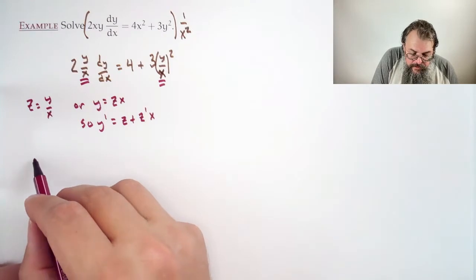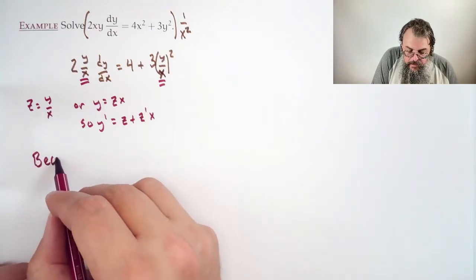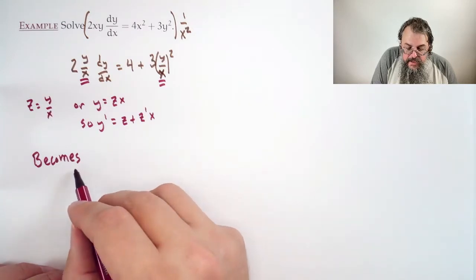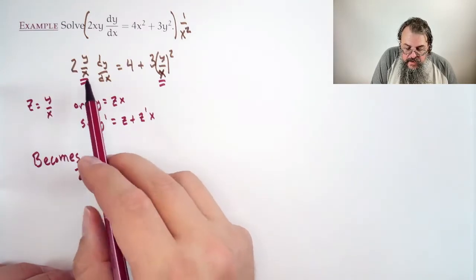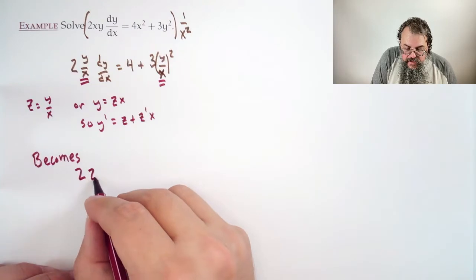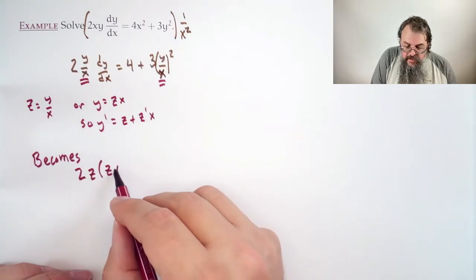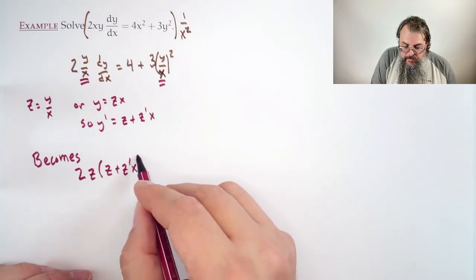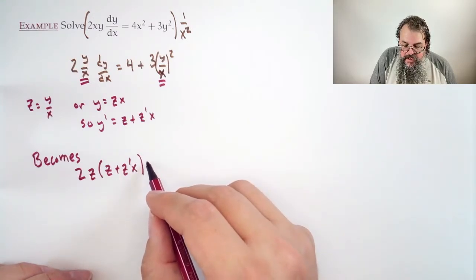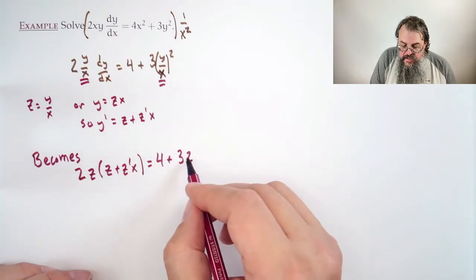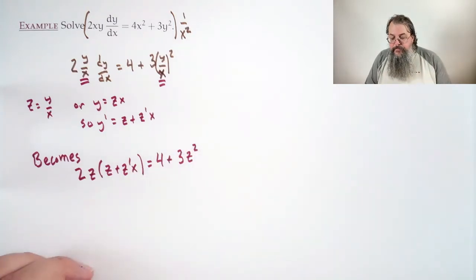So this becomes, once we've done our substitution, we have a 2, then the y over x becomes a z. Our y prime becomes z plus z prime x. And this is going to be equal to 4 plus 3z squared. All right.